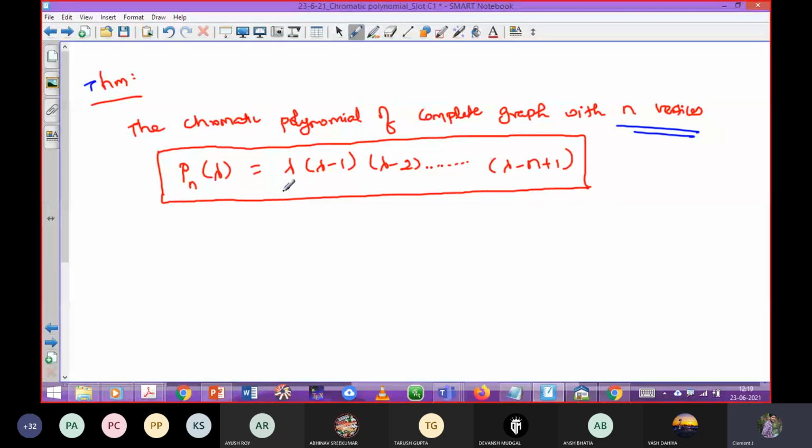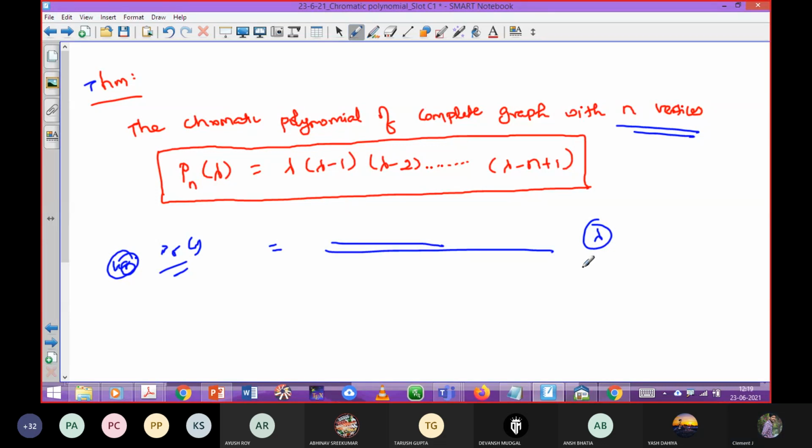For example, P of K5 of lambda: by replacing n as 5, you will get an expression in terms of lambda. K5 means the number of vertices is 5. By providing lambda, how many colors you are going to insert, you will get the answer. That's how they have derived the chromatic polynomial for a complete graph with n vertices.